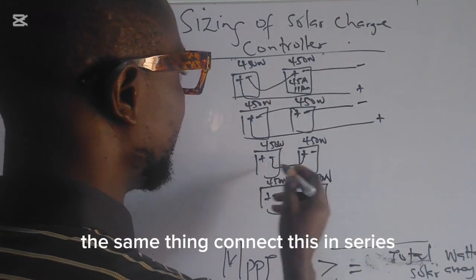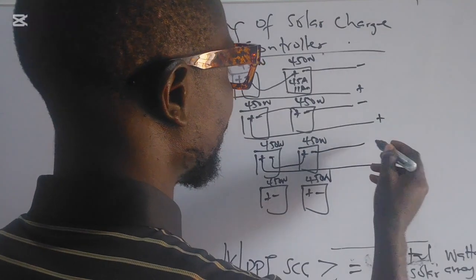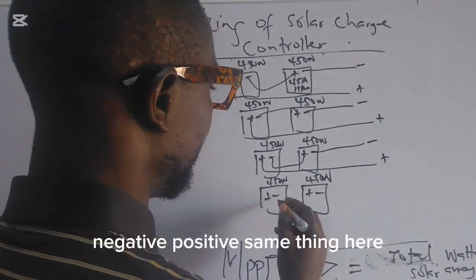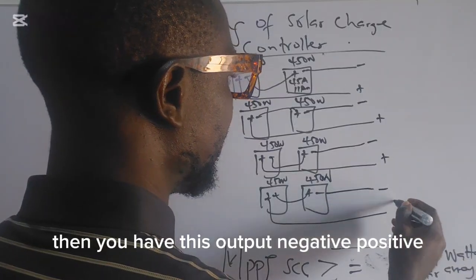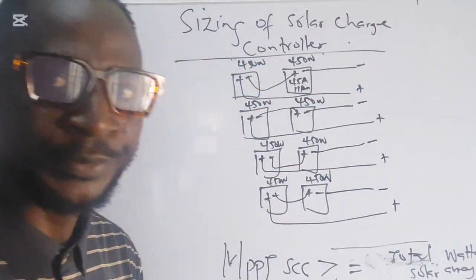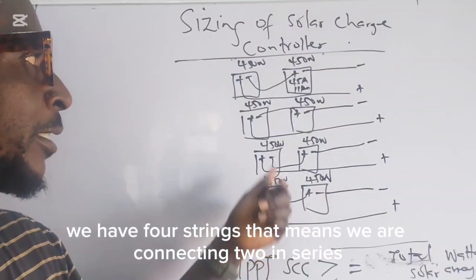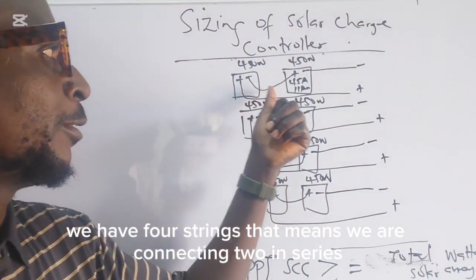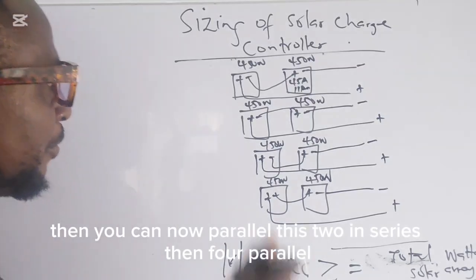The same thing here, and here. So we have 4 strings. That means we are connecting 2 in series, then you can now parallel these. 2 in series, then 4 parallel.